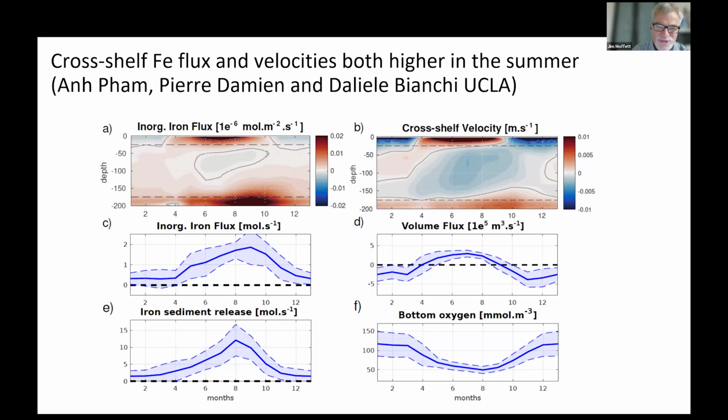The gist of what this predicts is that, if I start with panel B on the right, you have cross-shelf velocities near the seafloor. And what we care about here is between, say, 175 and 200 meters, so water overlying the outer continental shelf off the Oregon coast.